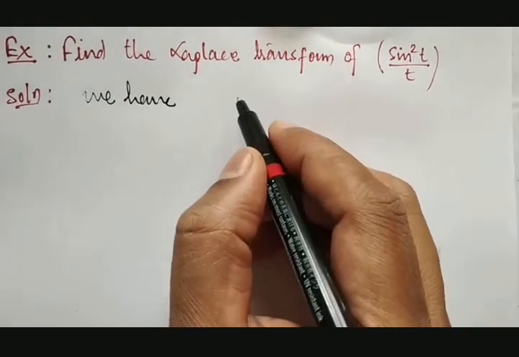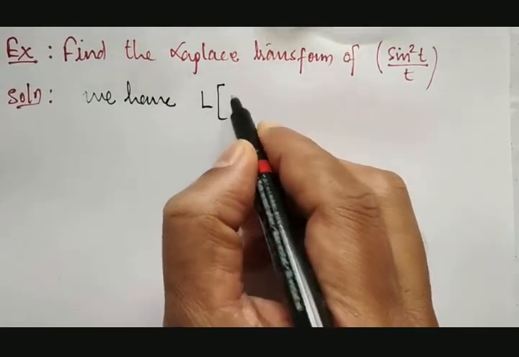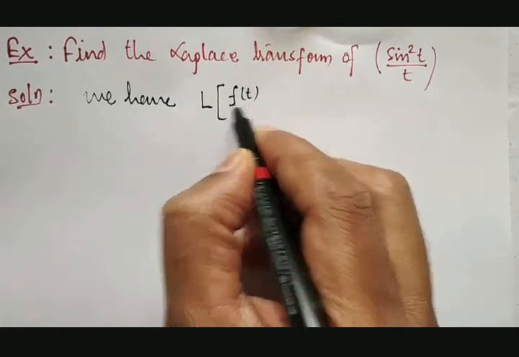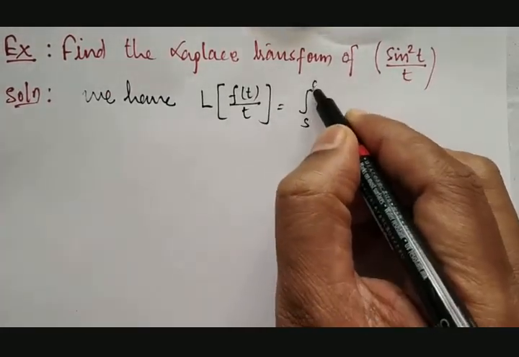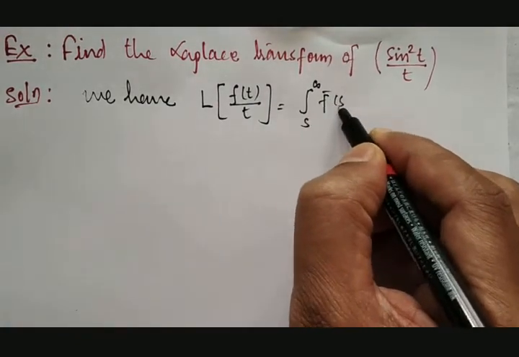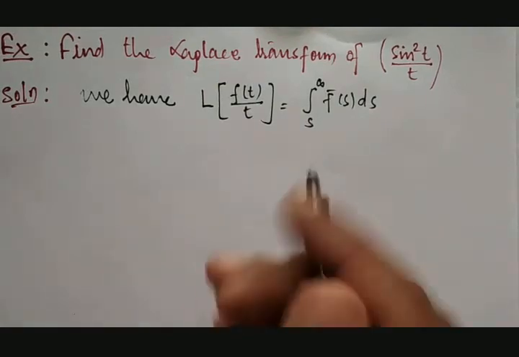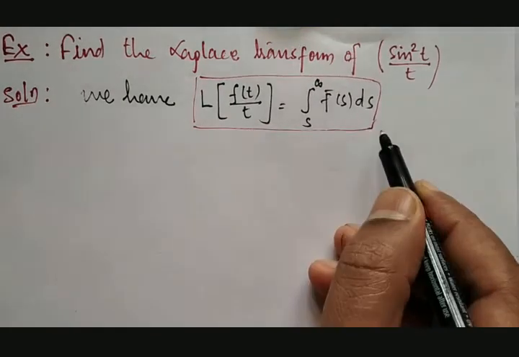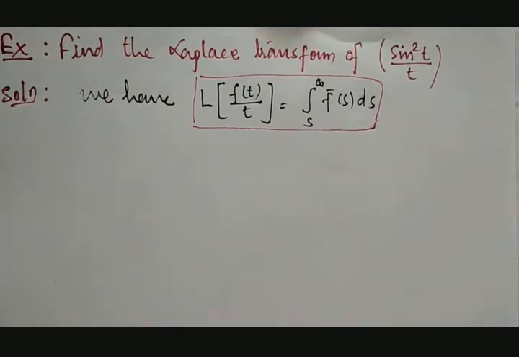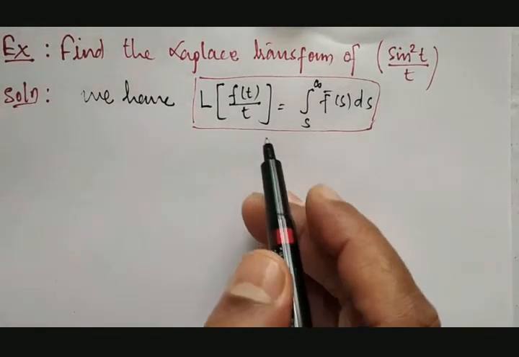That is nothing but the division property of Laplace transformation, which says Laplace transformation of f of t by t is equal to the integration between s to infinity of f bar of s with respect to s. This is the property which is very much suitable to solve such examples where the given function is having a division as t, only t, no t square, t cube or anything, only t.